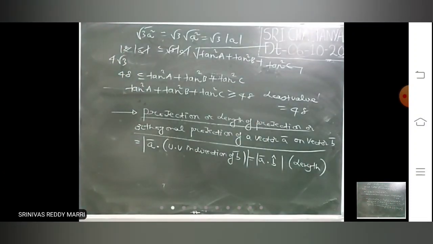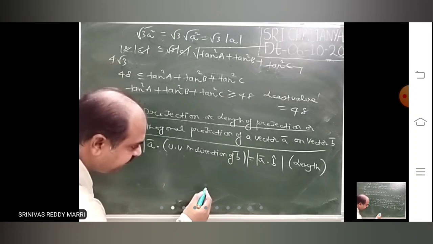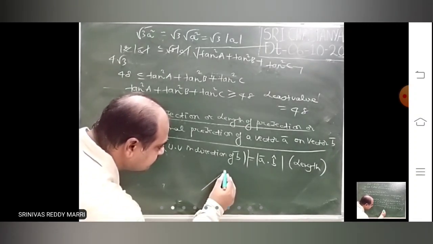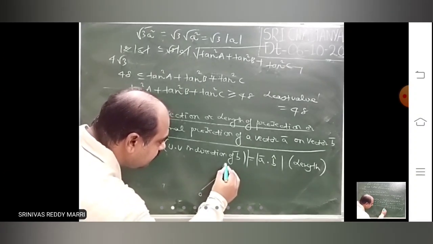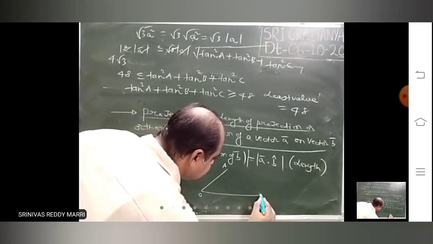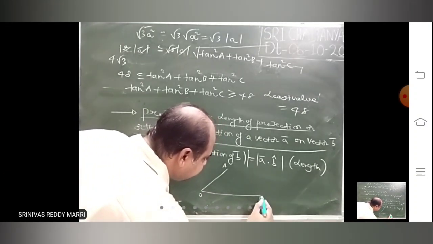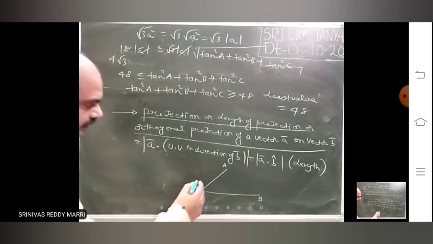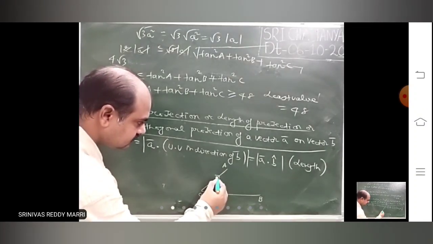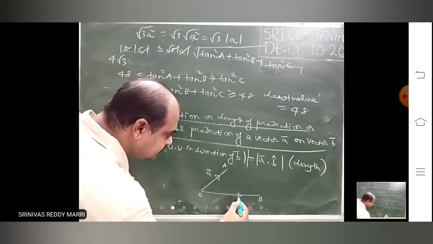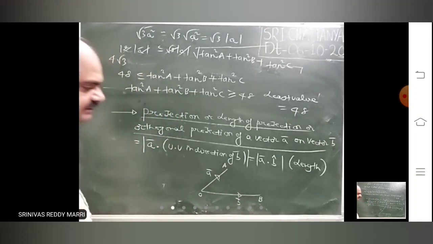Look at this. Suppose there are two vectors. a bar is like this, b bar is like this. They are co-initial vectors, that means the initial point is the same.